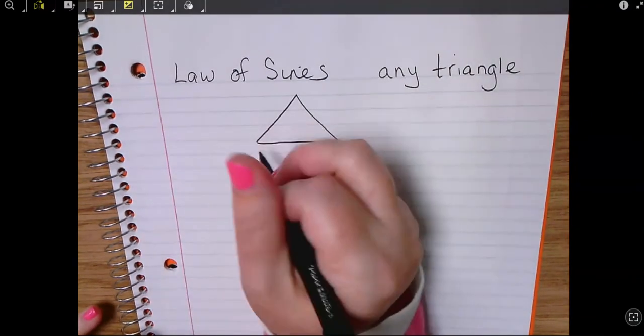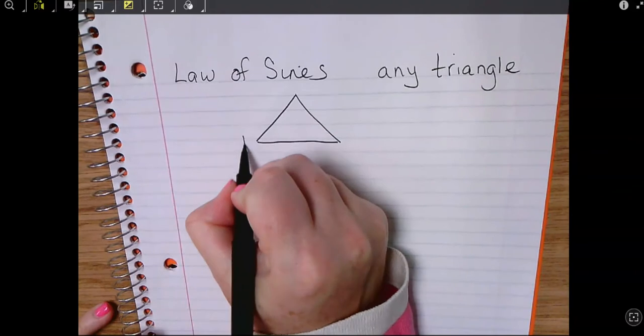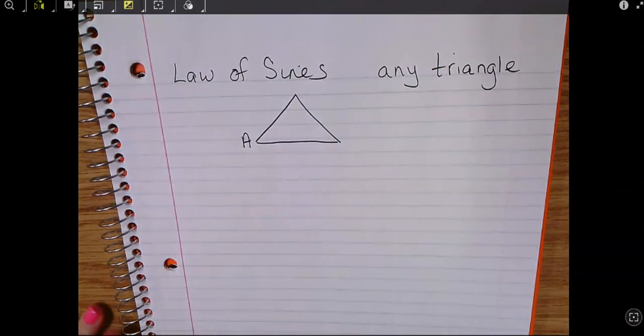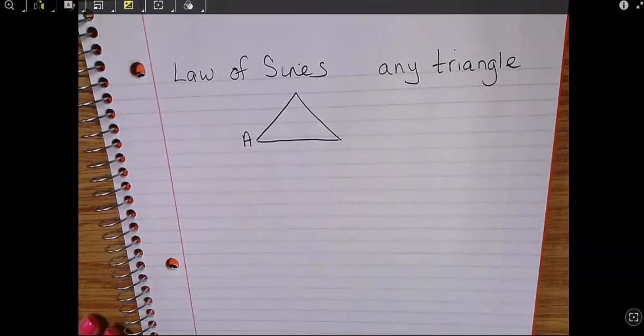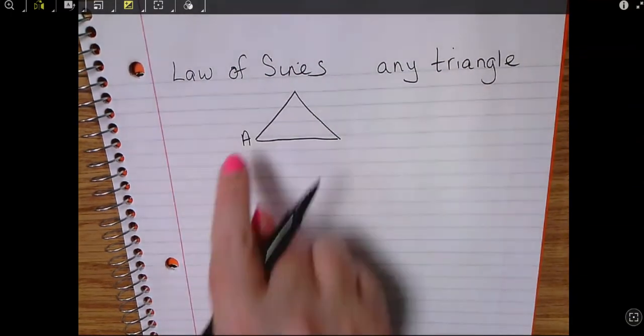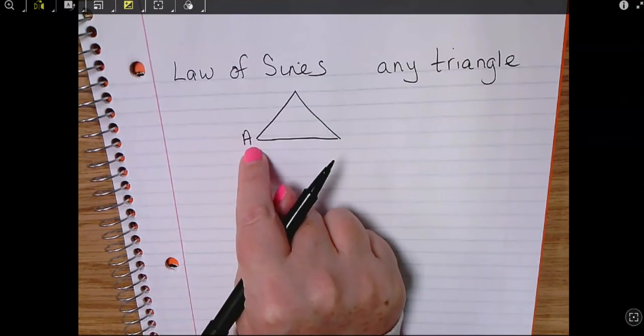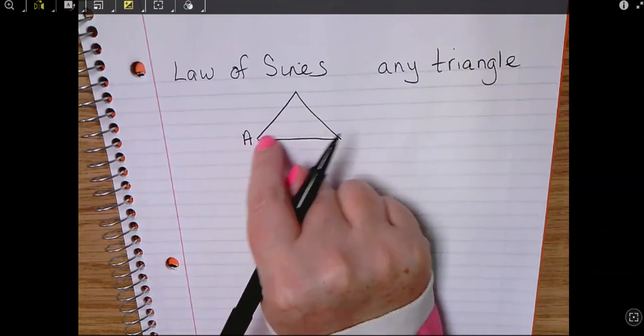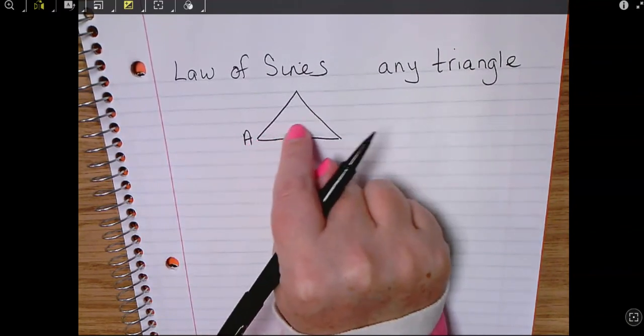Angles are always denoted by a capital letter. Unlike a right triangle, where c was always the hypotenuse, we don't have one side that's special on a normal, non-right triangle. It does not matter where you label your angle A, but what is important is that side a is across from it.